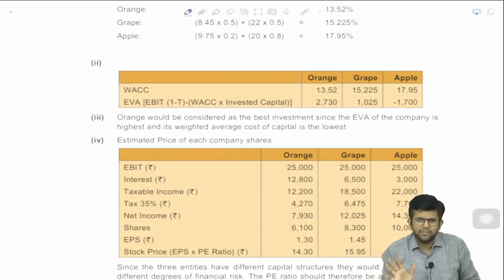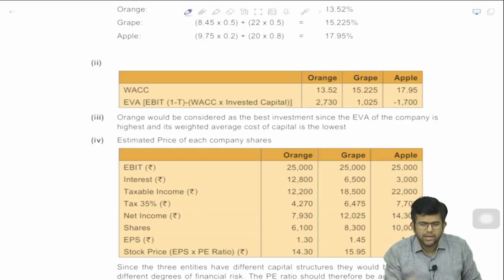But that is not important. More important is EVA should be highest. They have said, based on EVA you take a decision. Point 3 clear, everybody? You can copy it from here only.